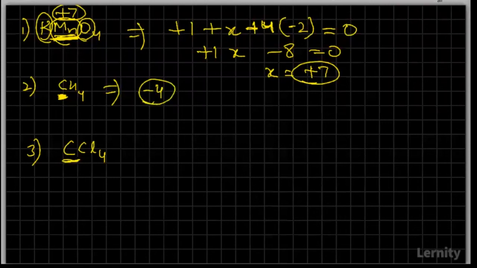Whereas in CCl4, halogen is more electronegative than carbon, so the halogen gets -1, and my carbon should get +4. So this is the answer.